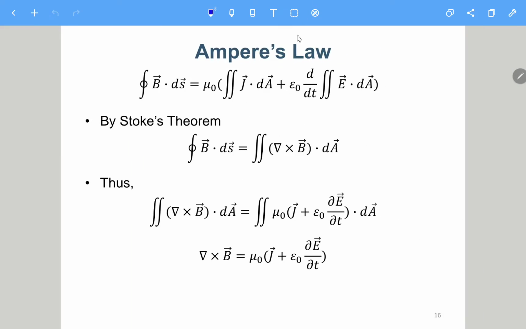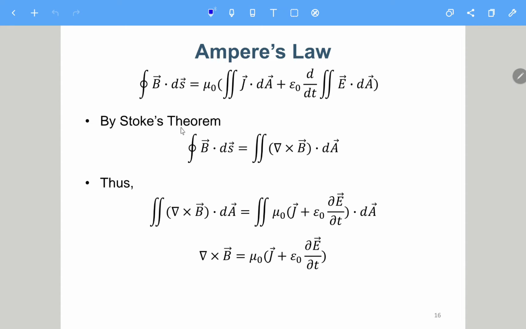And for Ampere's law, it is a bit more difficult, actually a bit different. So this is the line integral of the B field, and on the right side, this is mu naught I enclosed, and this is the displacement current.